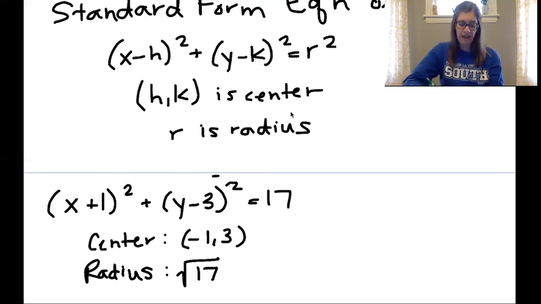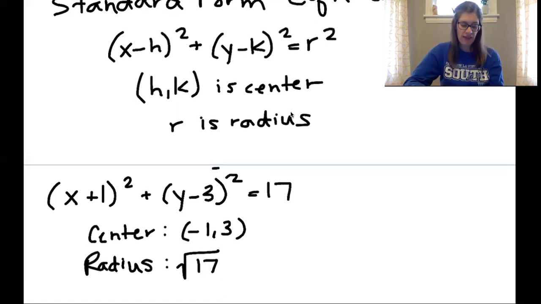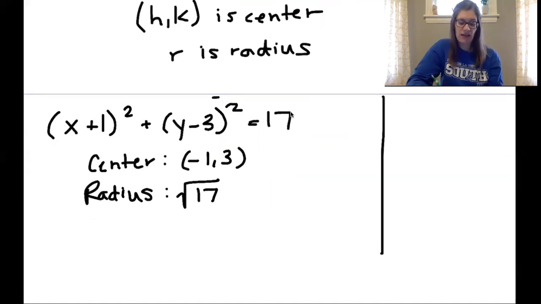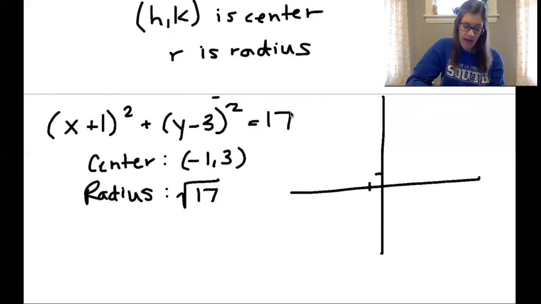When you're graphing, you might actually want to think about the square root of 17, like, well, how big is that? That's a little bit more than the square root of 16, so probably something like 4.1. So if I wanted to graph or sketch this circle, I would go left 1, up 3. There's my center point.